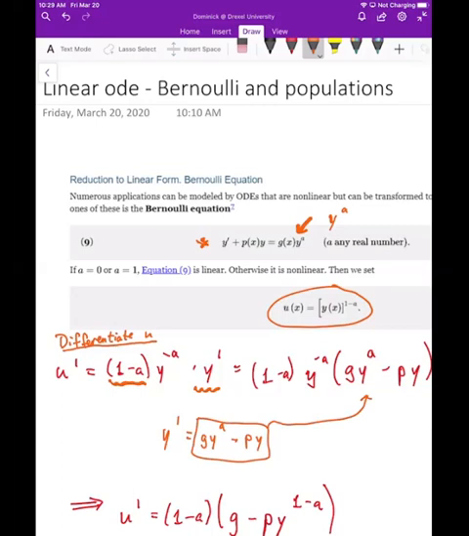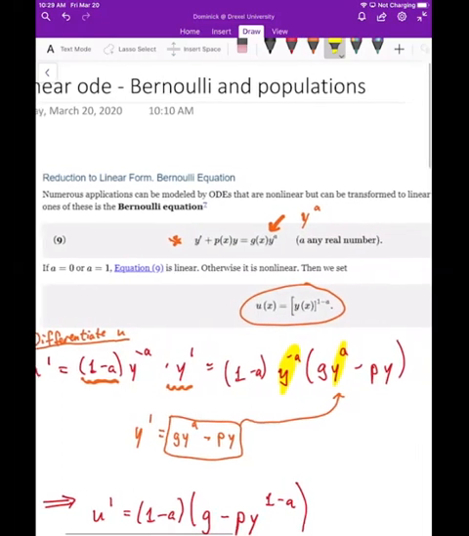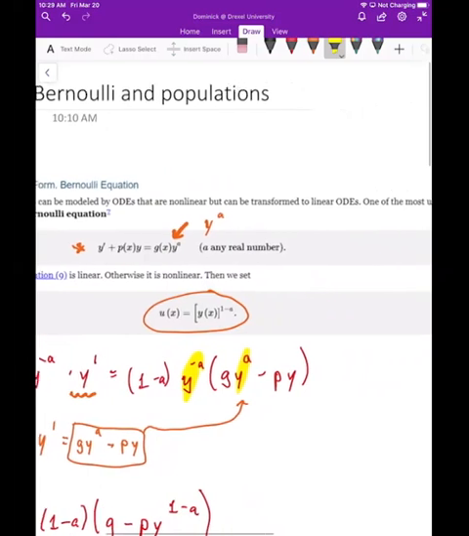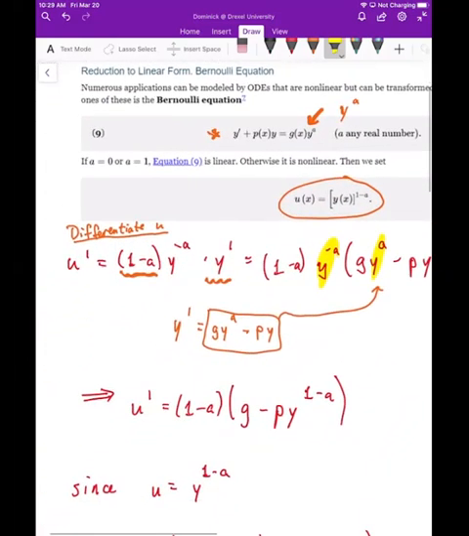Now, if we clean this up and multiply through by this y to the minus a, this y to the a will cancel, and the other one we will get a 1 minus a power, right? So once you simplify, that's what you're seeing in this equation here.